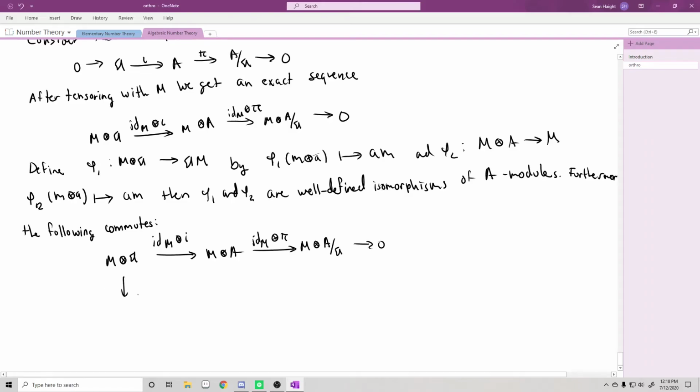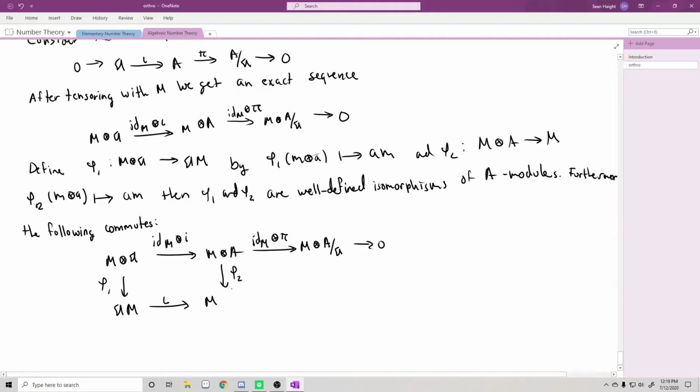And this second row is essentially going to be M. This is going to be m, and this is going to be the inclusion, this is going to be varphi1, this is going to be varphi2.